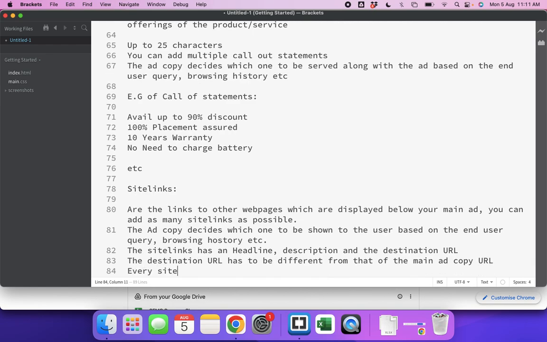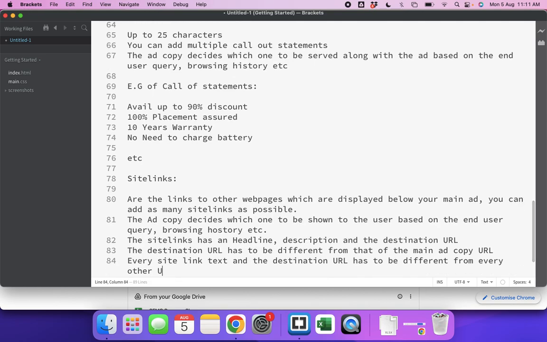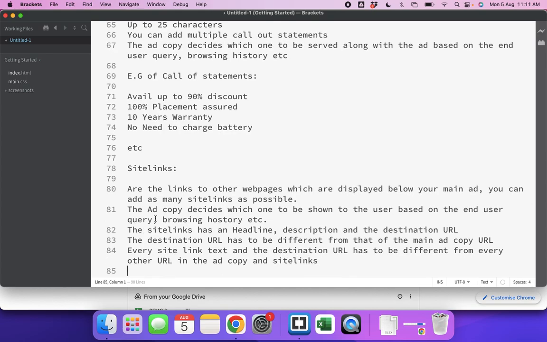Every site link text and the destination URL has to be different from every other URL in the ad copy and site links. Getting it, guys? Understanding it?